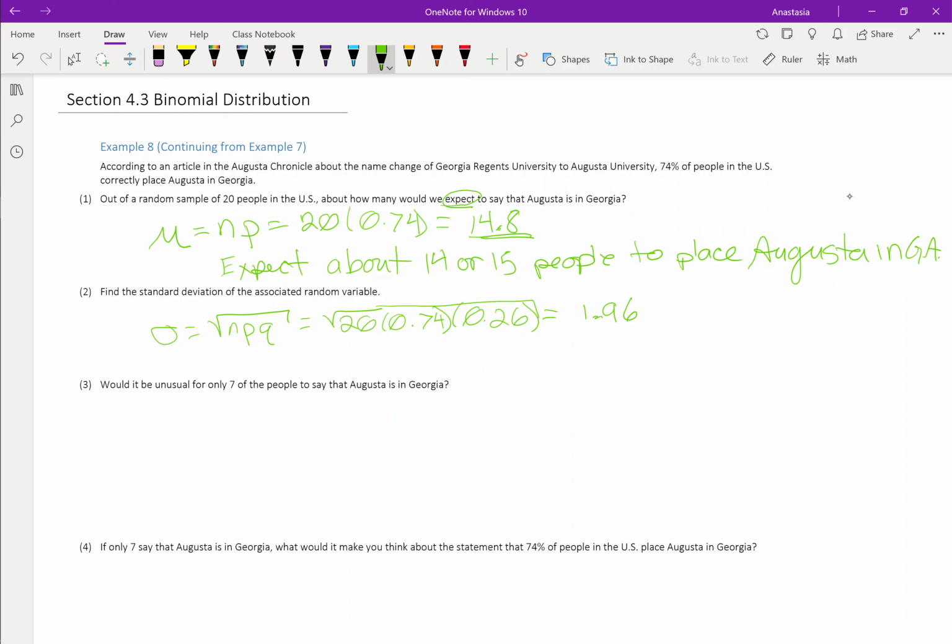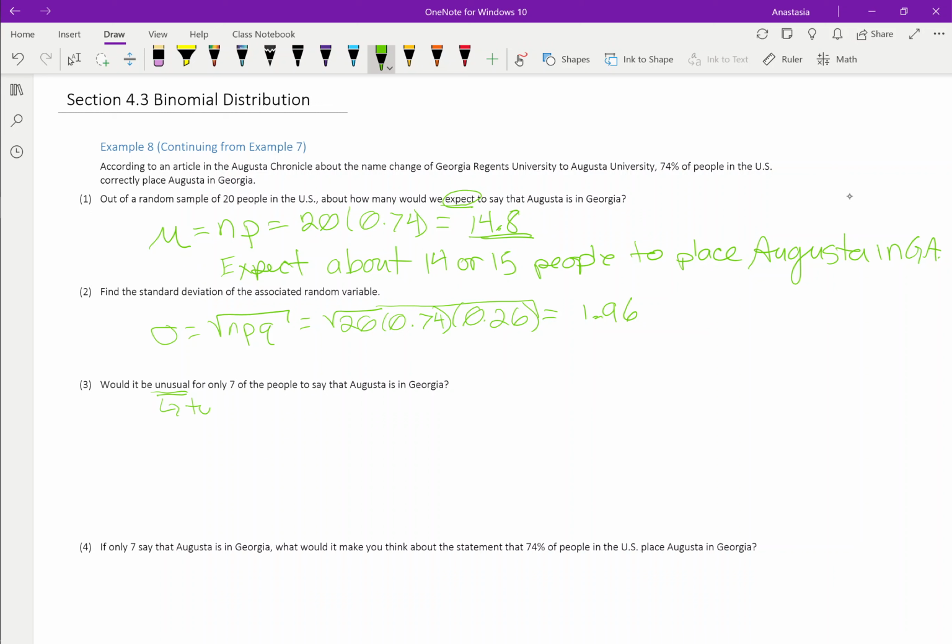Now for part 3, it asks us, would it be unusual for only 7 of the people in our sample to say that Augusta is in Georgia? Well, remember, when we're talking about unusual data, that means that we can consider something involving the standard deviation.